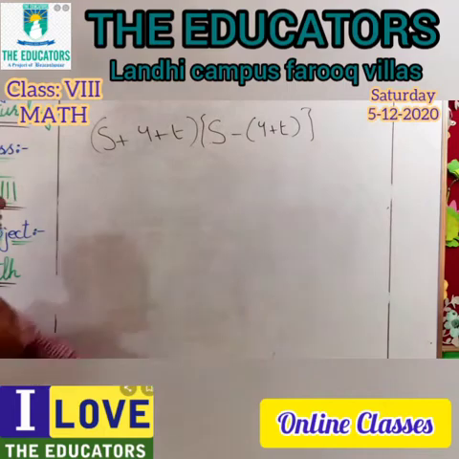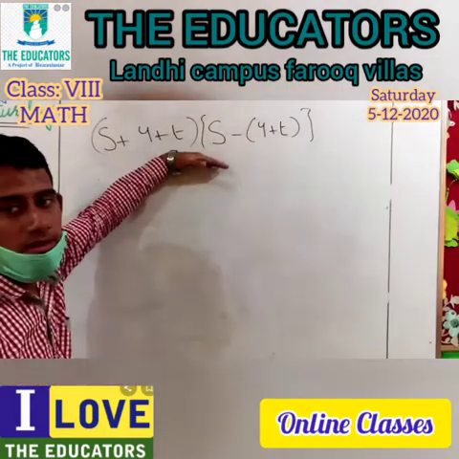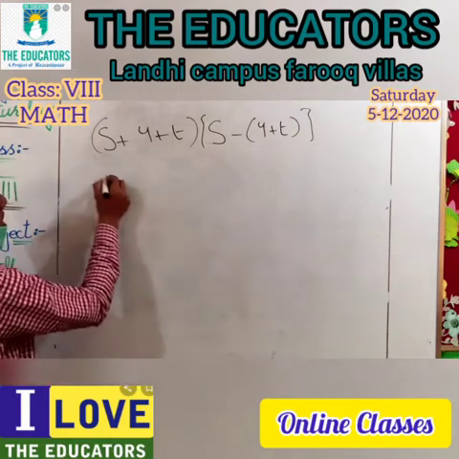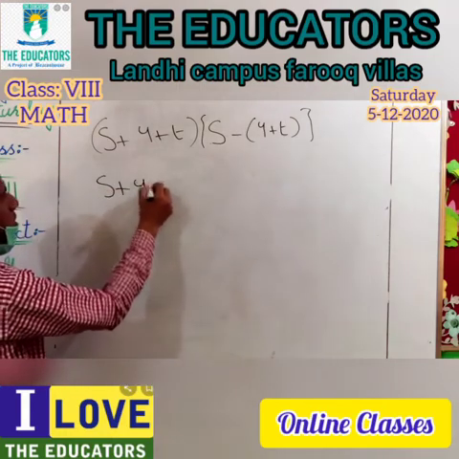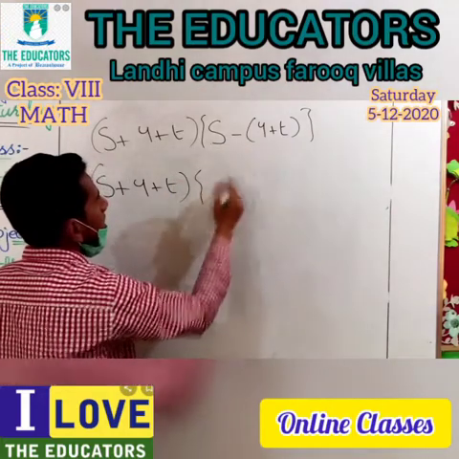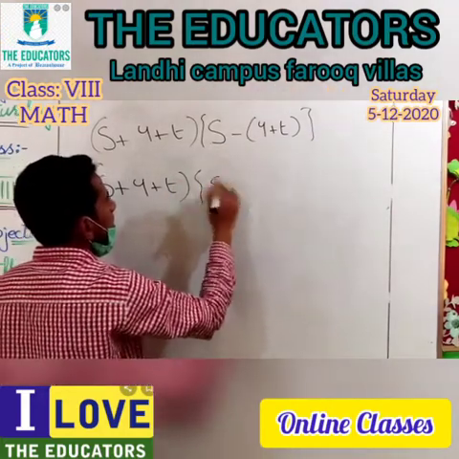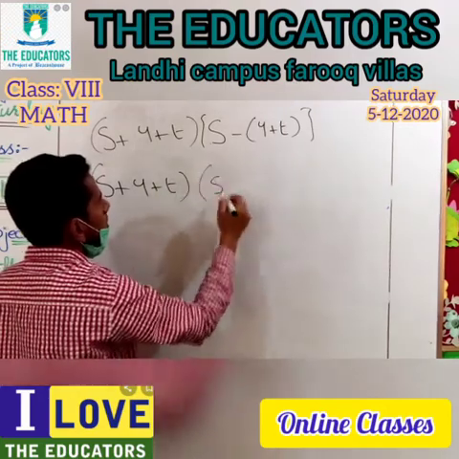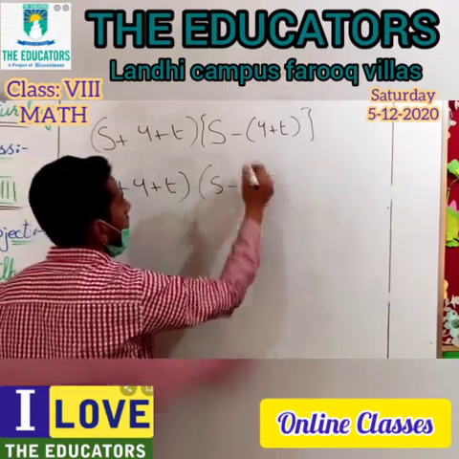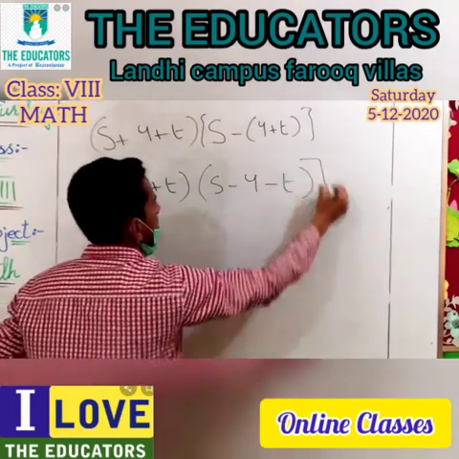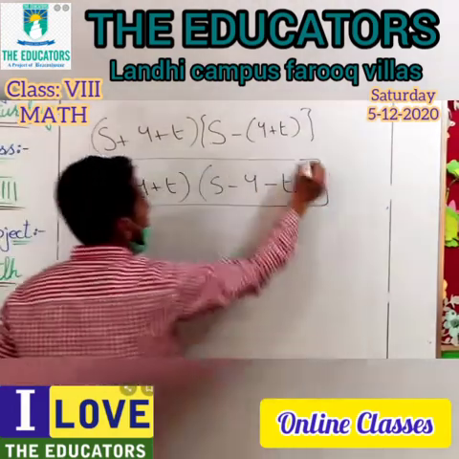I have rewritten this step again, so let's move ahead. Here s plus 4 plus t will come as it is, and here the minus sign gets multiplied with 4 plus t, so we get s minus 4 and plus t. There is no need to place this curly bracket here. So this is our answer.